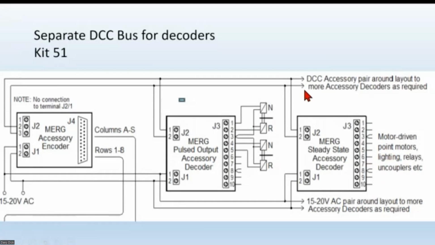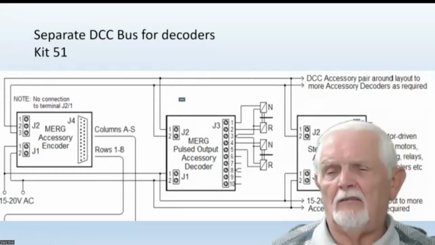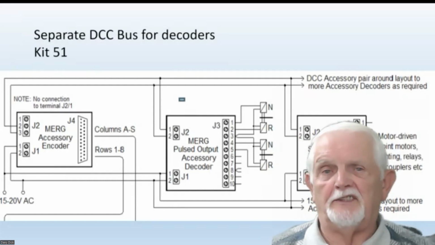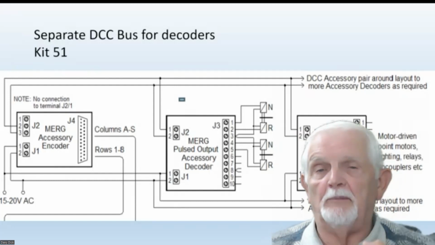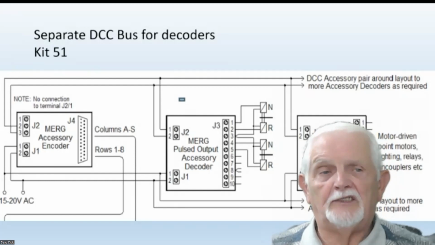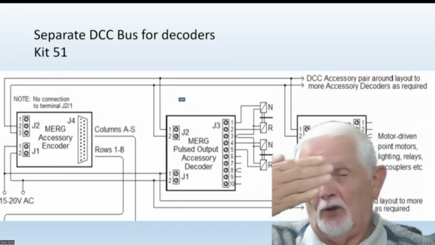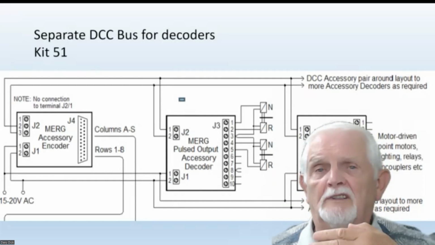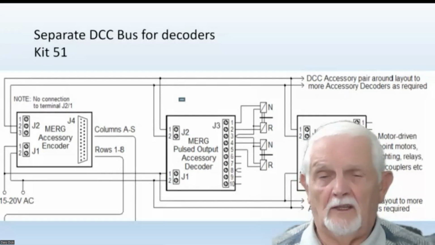And the idea was, let's not have traction and the accessories on the same DCC bus. Let's have one bus for traction as normal and put in a second, two wires run round the layout to handle accessories.